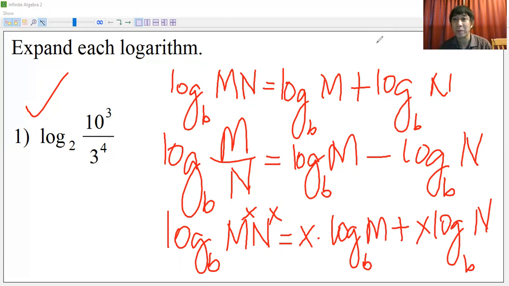Okay, so you can remember these properties of logarithms, and we're going to apply this in our examples. Okay, so let's use it in the first number.